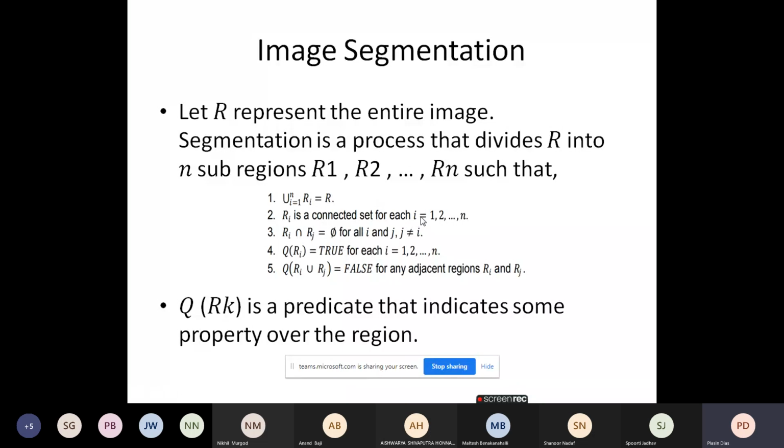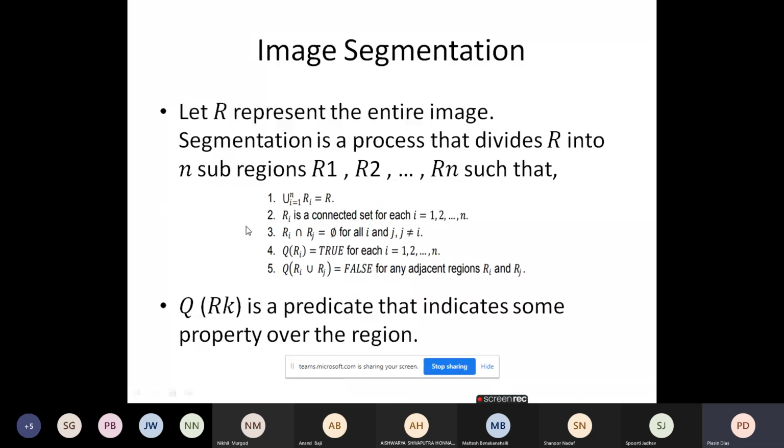Third condition is Ri and Rj, meaning we are speaking of two different regions. When they intersect, it should give an empty set for all i and j, assuming that j is not equal to i.